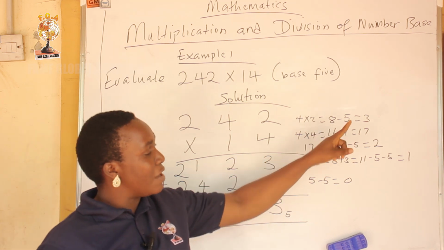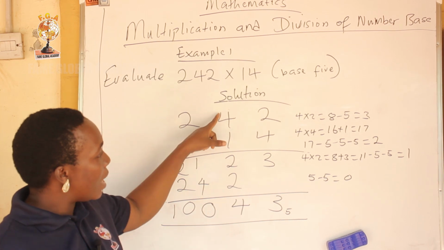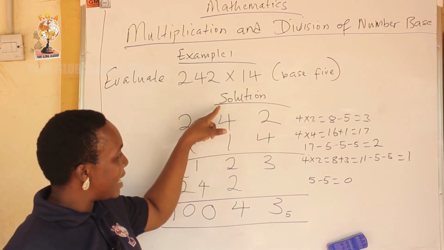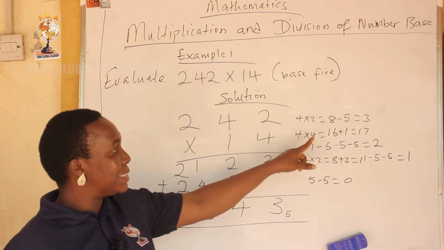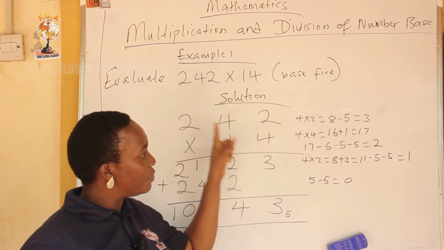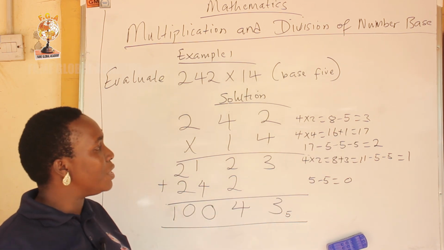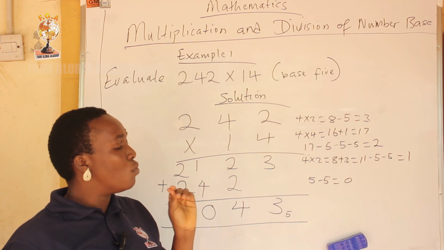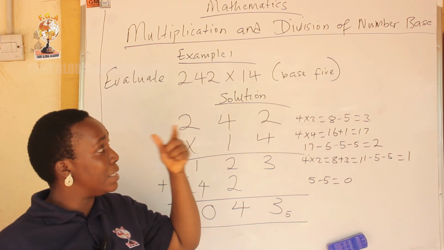Now this minus 5, you carry it as 1. That's why I was having plus 1 here. Now when you are multiplying this side, you add that 1. So you have 4 times this 4. That will give us what? 16. Plus the one we carried from this side, which is what? 17. So in that 17, you agree with me that if you subtract 5 once, you still have a number that is bigger than the base.